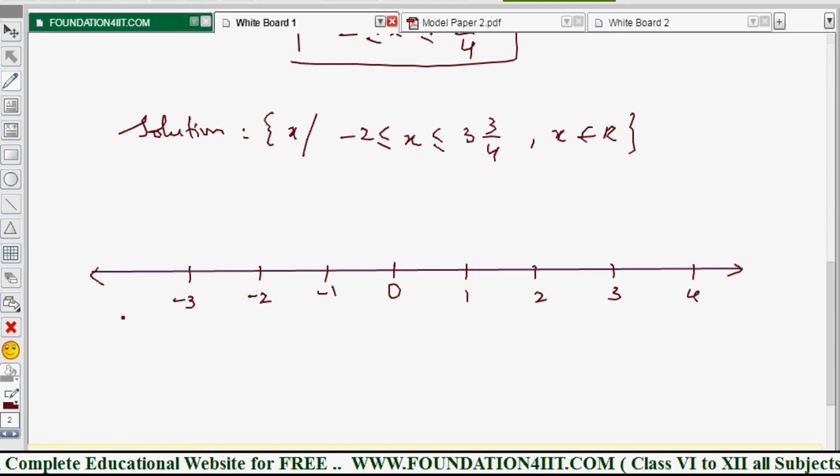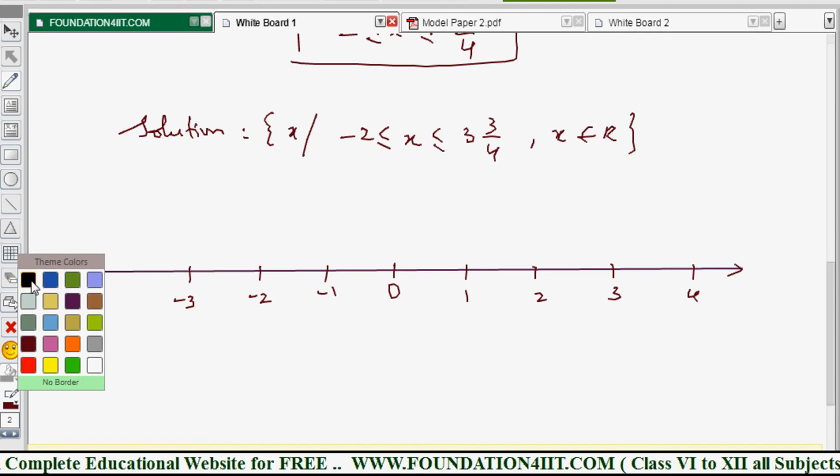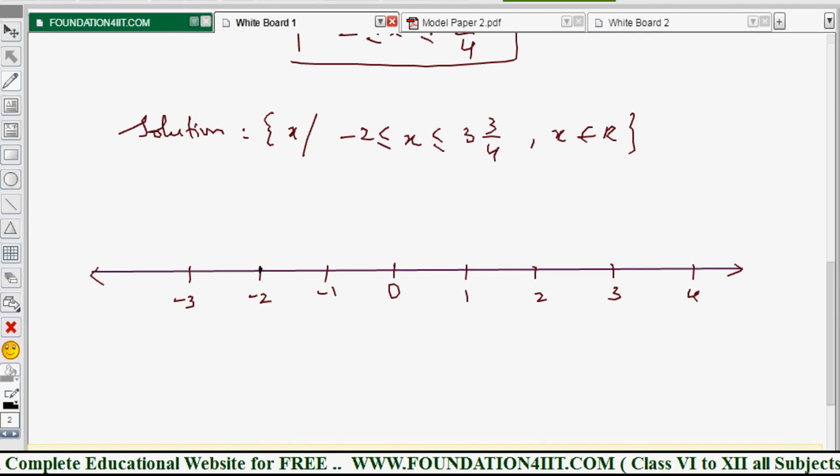From minus 2 onwards, that means we can choose from minus 2, but here it is 3 3 by 4. That means between 3 and 4, make it 4 equal parts: 1, 2, 3, 4. So in this 3 by 4th, that means the third part out of these 4, up to here, we can shade it.